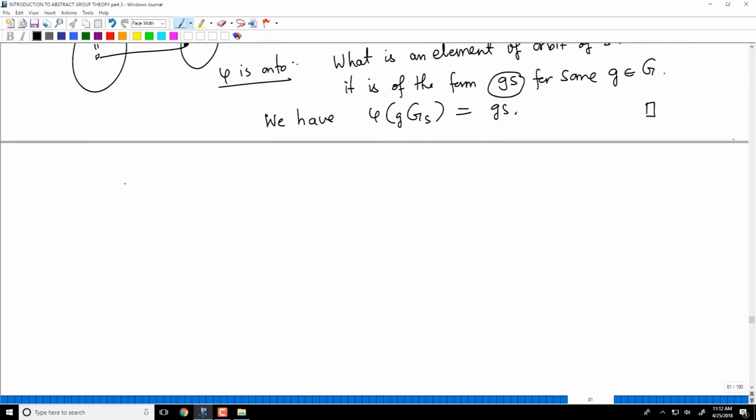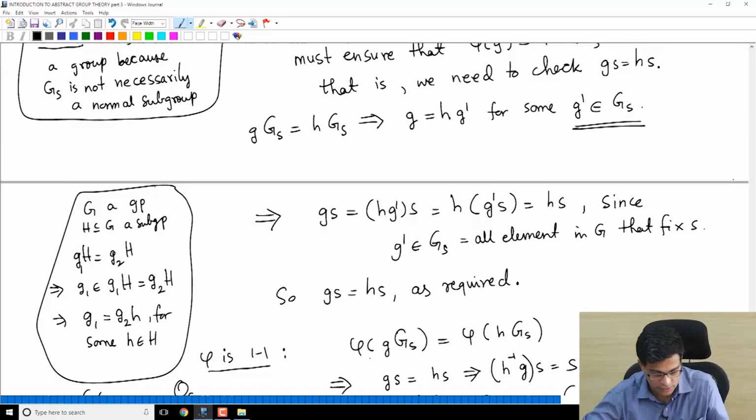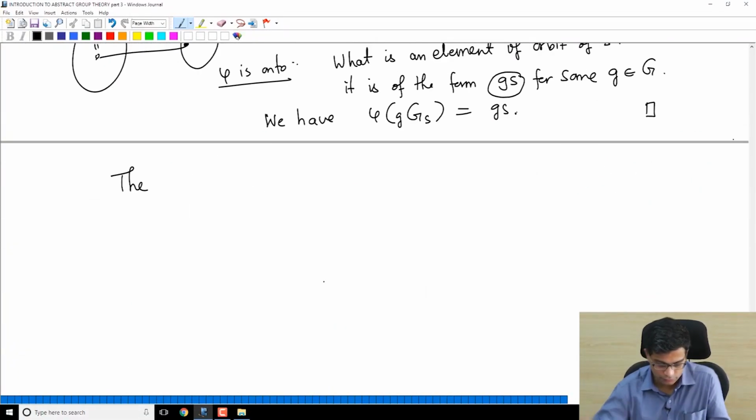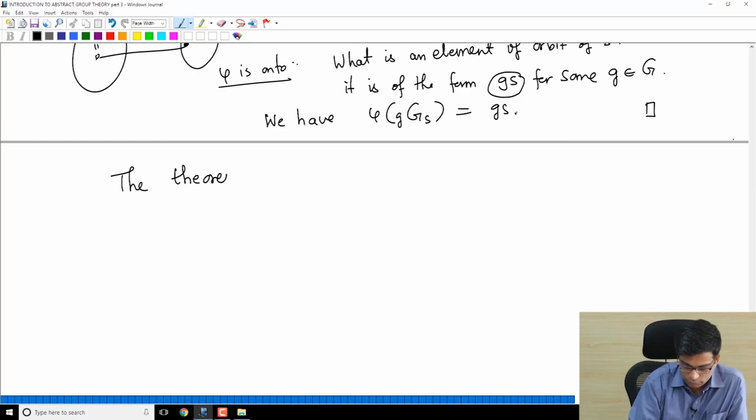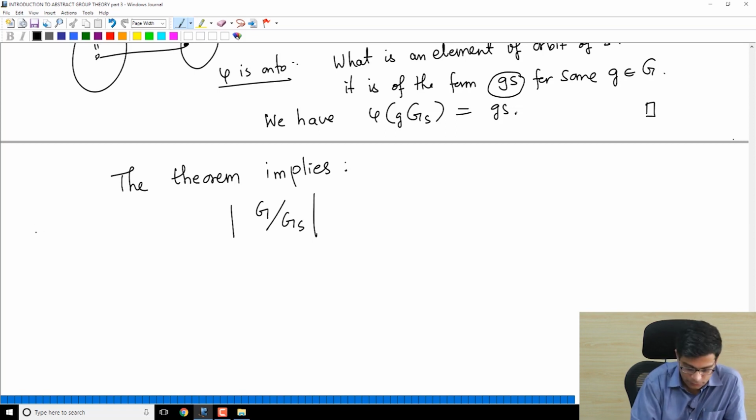So now let us see what are the applications of this theorem. I called it the theorem. The theorem implies something about the cardinality. Now I am going to use the symbol of vertical bars to denote the number of elements.